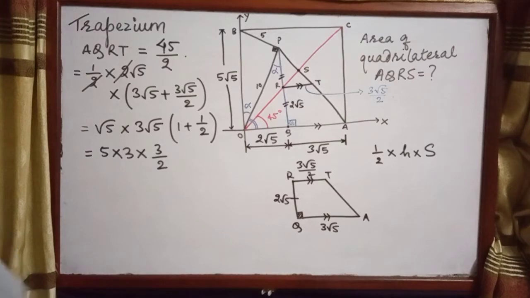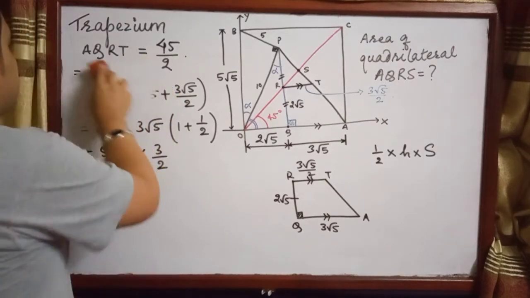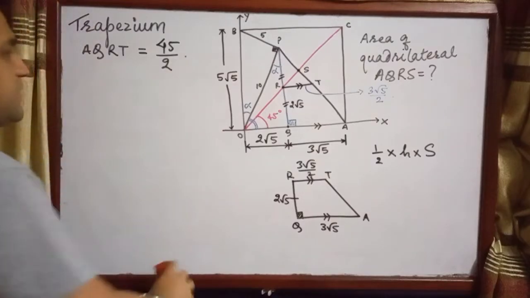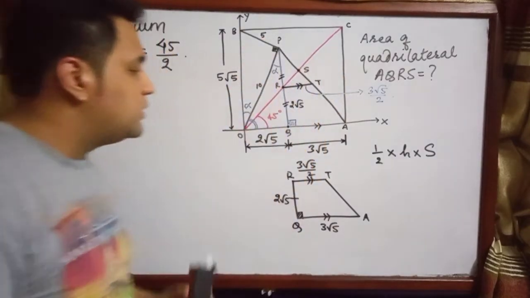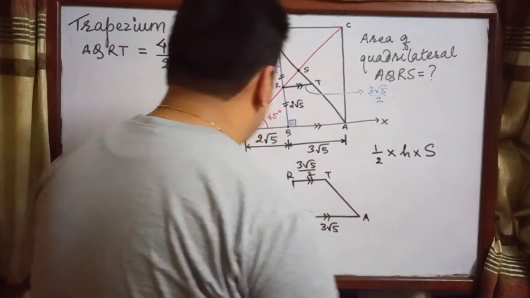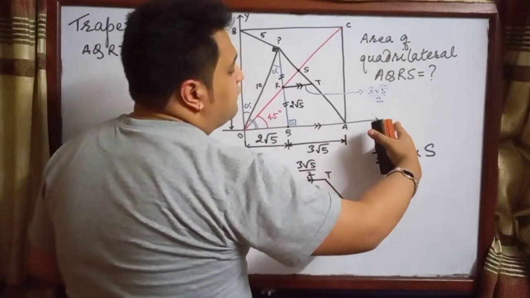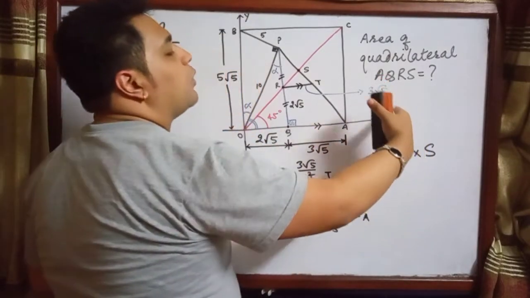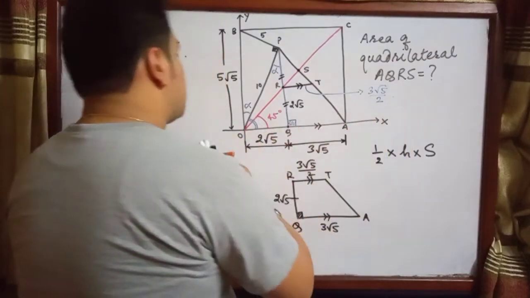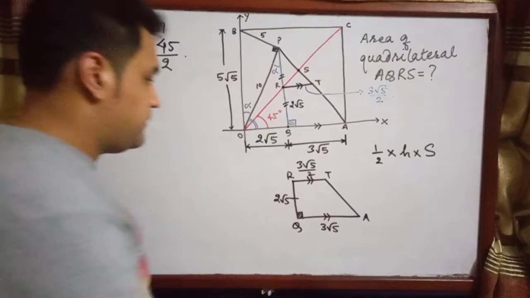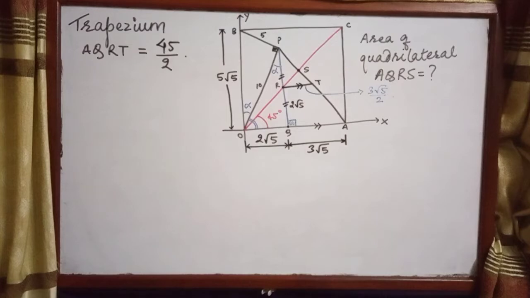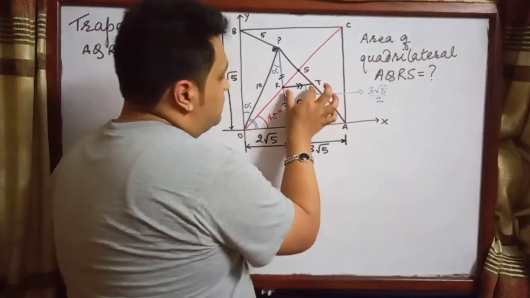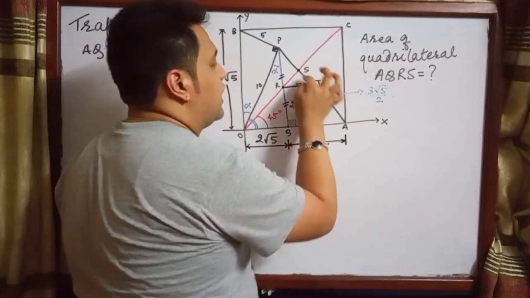Now, to find the required area, what we need is the area of triangle RST. Remember, I've introduced a coordinate system, positive x-axis, positive y-axis. Now we're going to use it. We know the base. We can take this side as a base for this triangle RST.